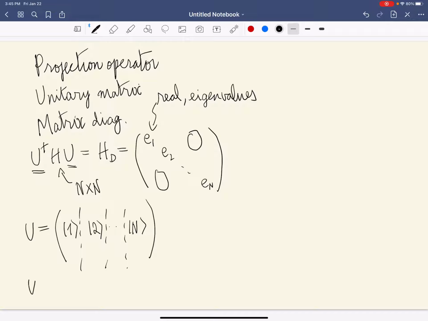Its Hermitian conjugate is constructed by flipping each column vector into a row vector and at the same time performing complex conjugation on all its elements. And that procedure is symbolically written in this way.